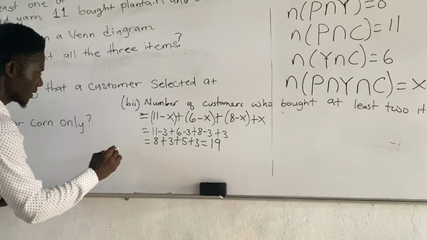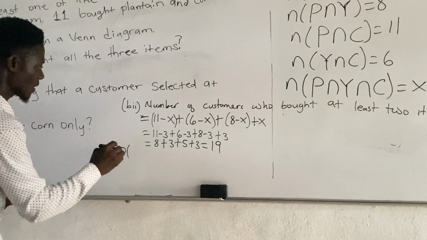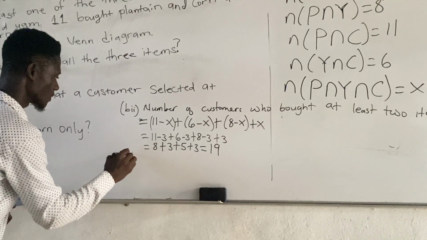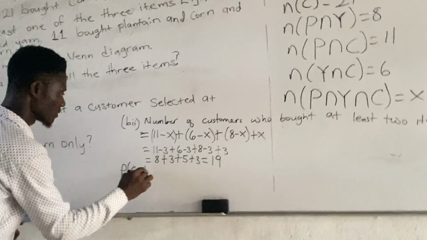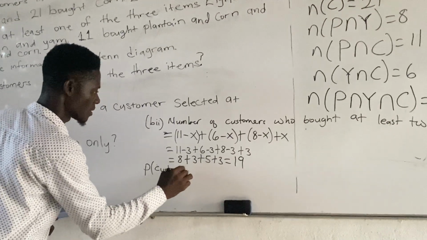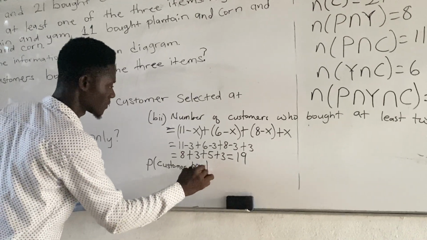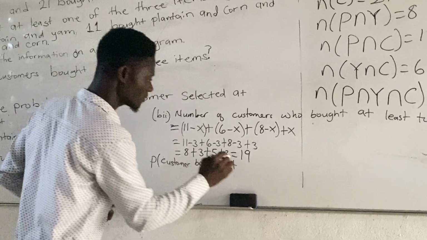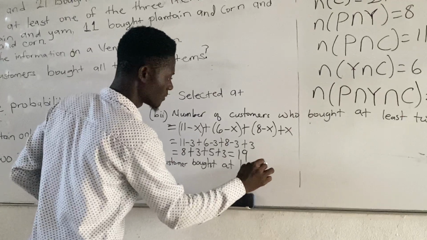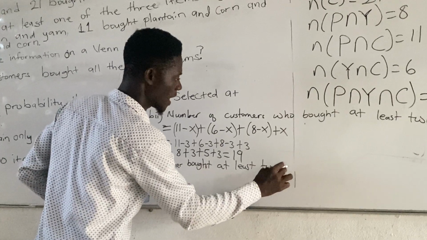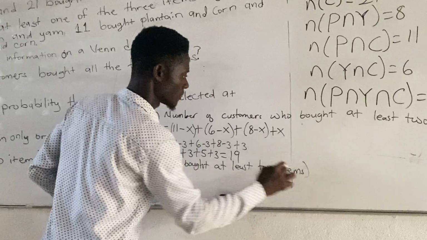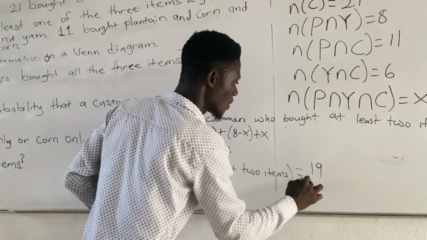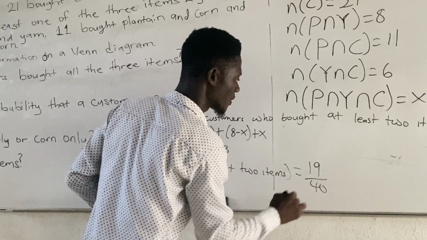Then the probability that the customer bought at least 2 items equals the number of customers that bought at least 2 items, which will be 19, over the total number of customers, which will be 40.